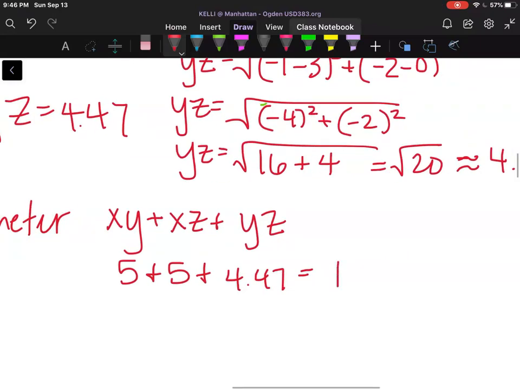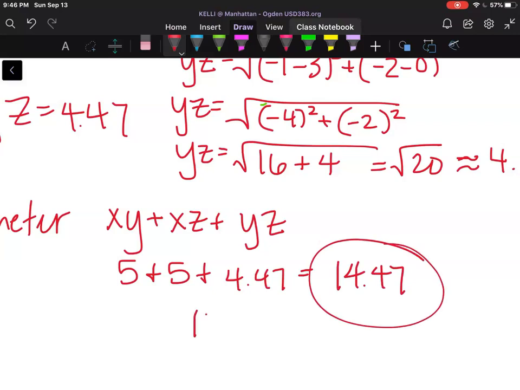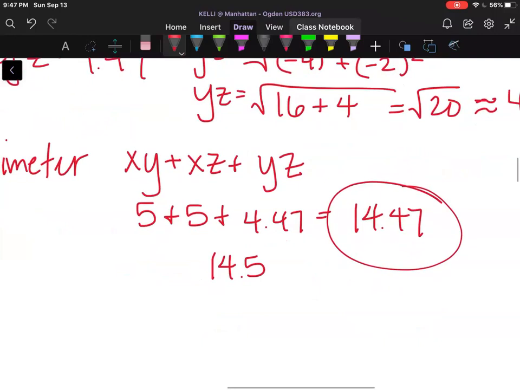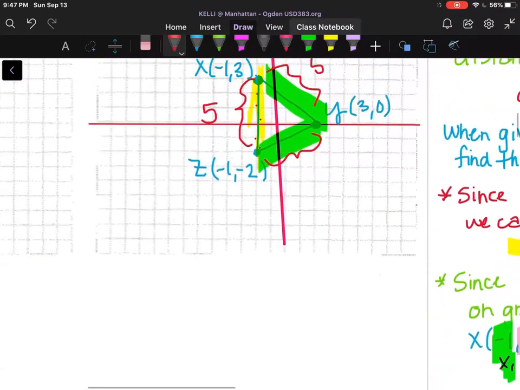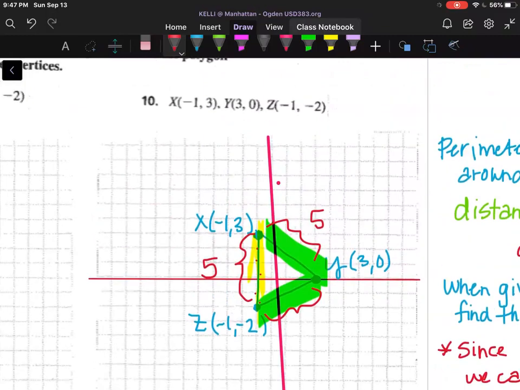So 14.47 should be it, and I got to check Big Ideas and see exactly if it rounds or not, but you could try either one of those. So that's an example for problem 10 in your assignment.